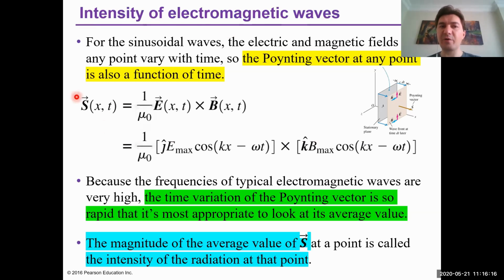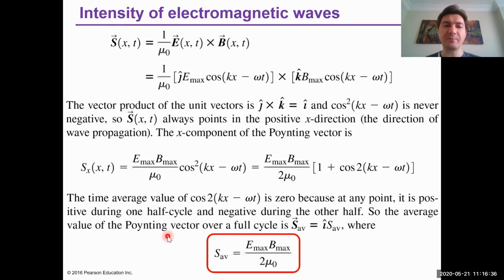So here we have the Poynting vector. It is changing with time since the electric field and magnetic field are changing with time. So instead of the Poynting vector, we use the average value of it, and it gives us the intensity of the electromagnetic wave. So let me do that. The electric field component of the light is given by that expression along the y direction. Here we use unit vector j, E max cosine (kx minus omega t).